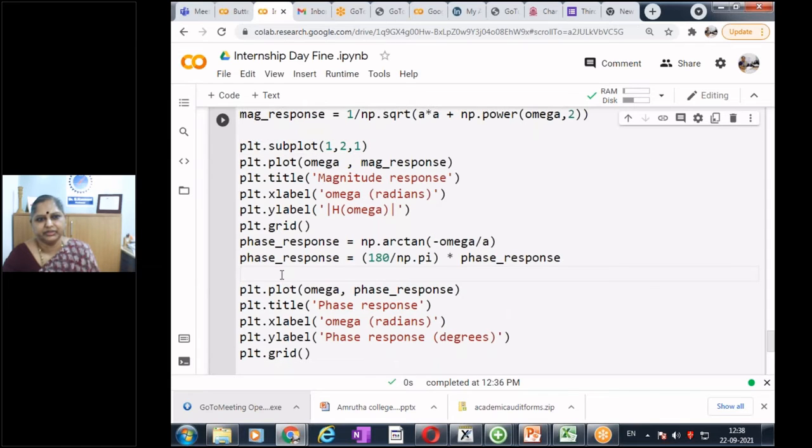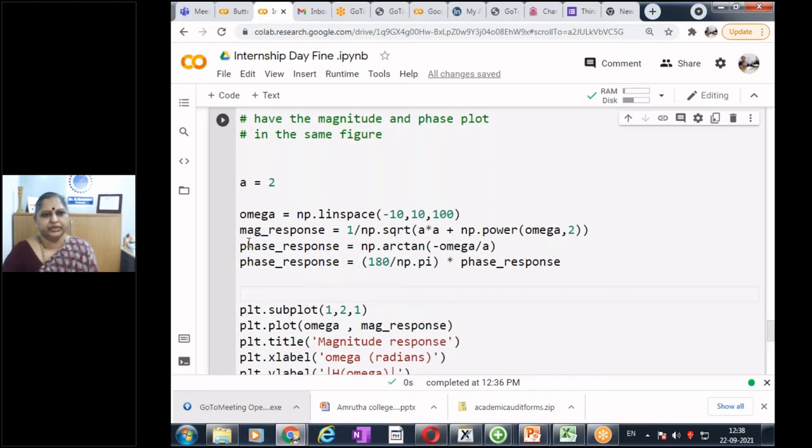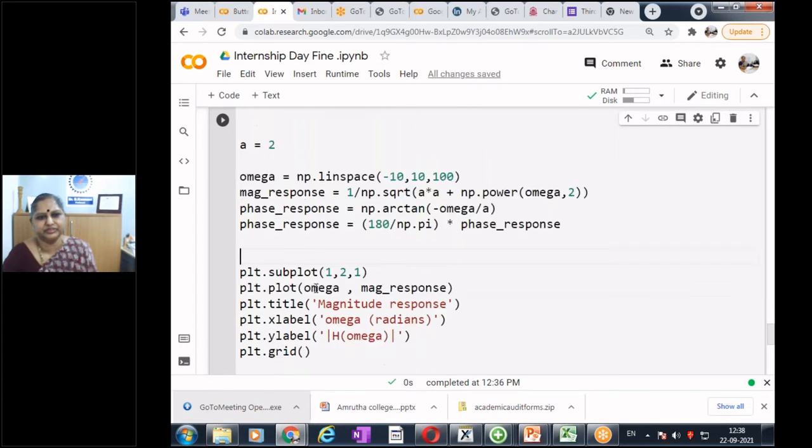This is what I have. This is the computation. Yes, this is my omega. This is my magnitude response. This is my phase response.